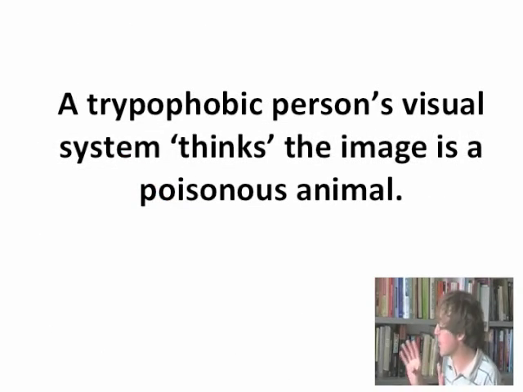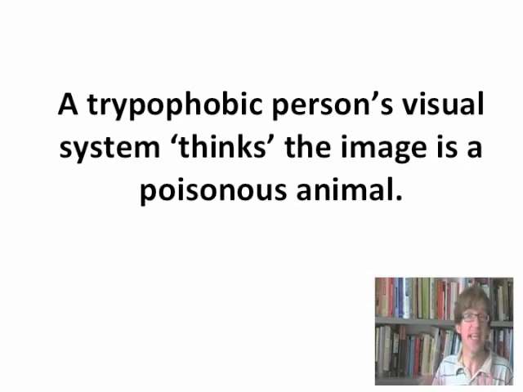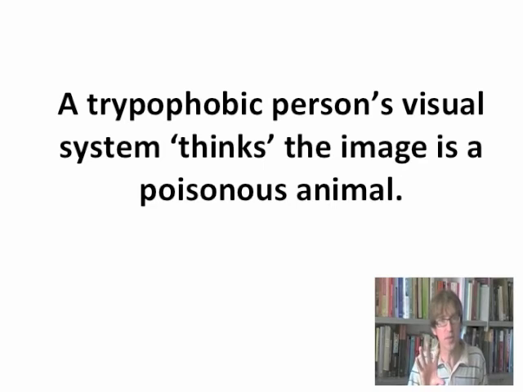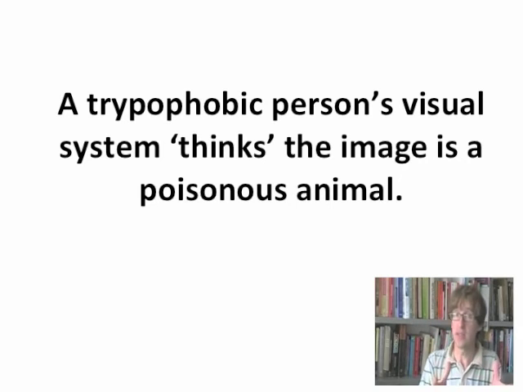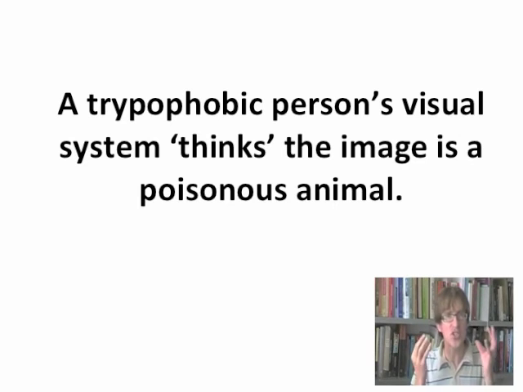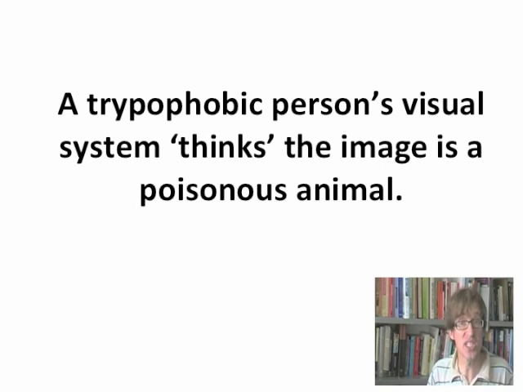So what we think is happening is this, in a nutshell. When a trypophobic individual sees a trypophobic stimulus, there's a part of their brain, an old, evolutionary, ancient part of their brain, trying to say to them, be careful, be wary, I think that image is a poisonous animal.